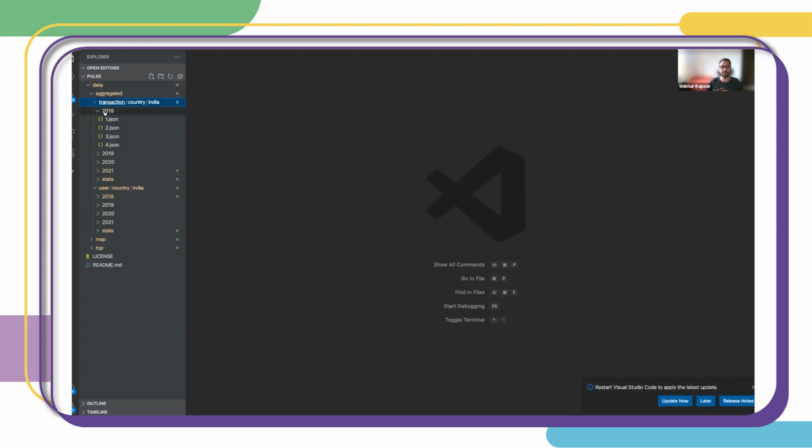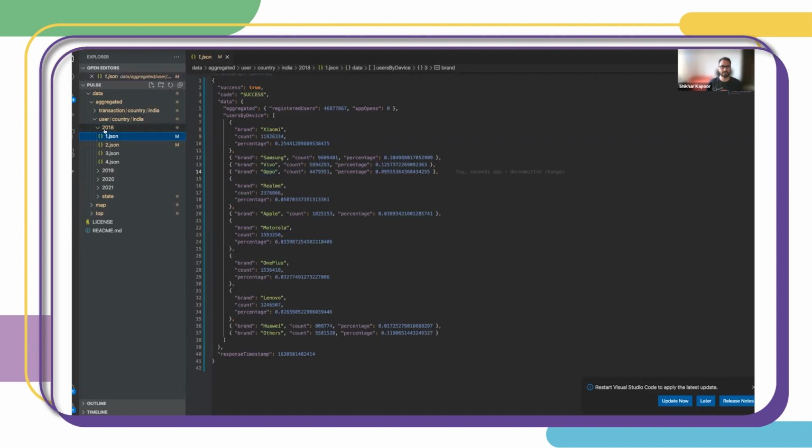If you notice, they're partitioned by time, which means that starting from 2018, you see transaction data for India for every quarter. 1, 2, 3, 4 represent every quarter. Similarly, the user data is also partitioned by time, and if you go inside a year, you'll see data for every quarter.